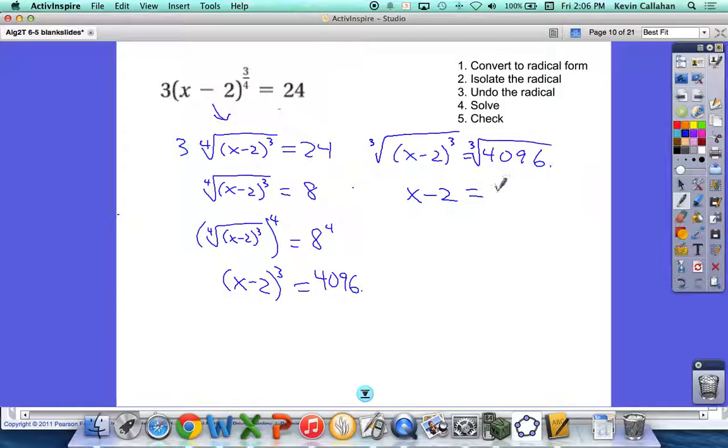Okay, now does this need to be plus or minus? Just a plus. Why, Curtis? Because it's a cube root. It's only even roots that you do the plus or minus. So it's just the 16. And now one last step to solve. X equals 18.